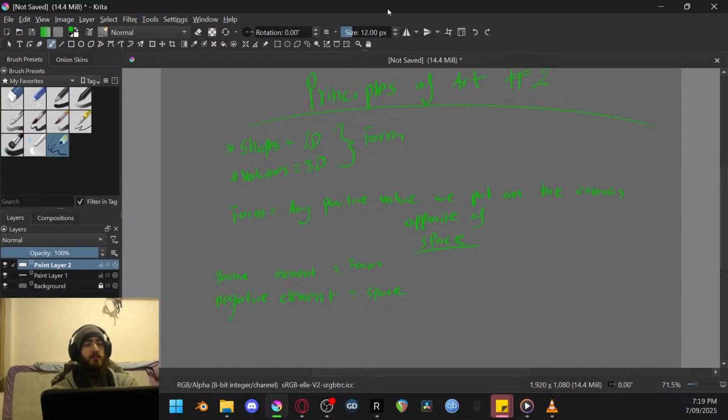Yes, so the positive element is equal to form, the negative element is space. Positive and negative? Well, I guess that makes sense because he was talking about taking away and then adding again. If you have a character taking up most of the space, there's now less space. Which seems obvious now that I think about it, but let's keep going.